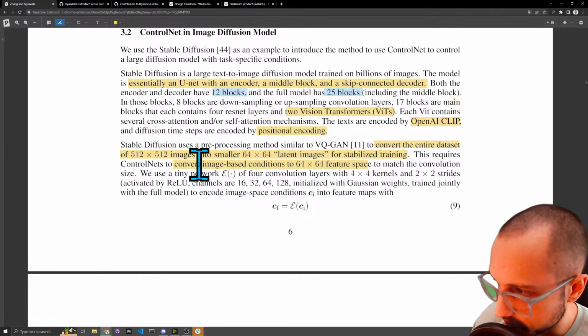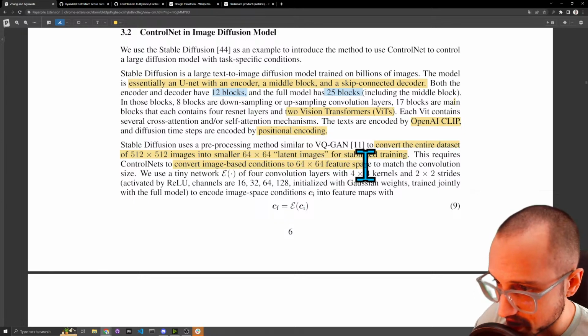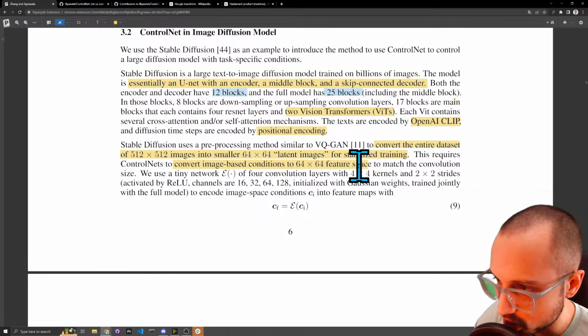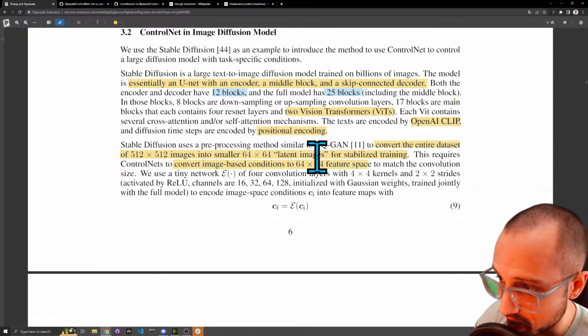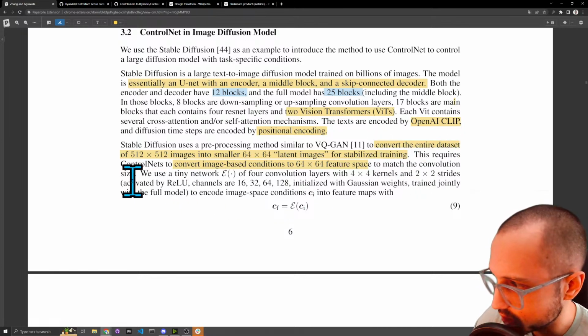So they need to convert the image-based conditions, which basically is just that edge image, into a 64x64 feature map or latent image, such that they can basically do the addition that they're doing to match the convolution size.